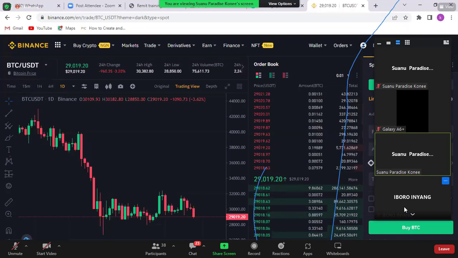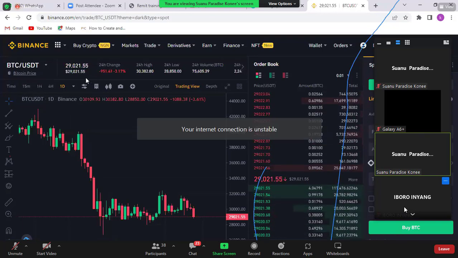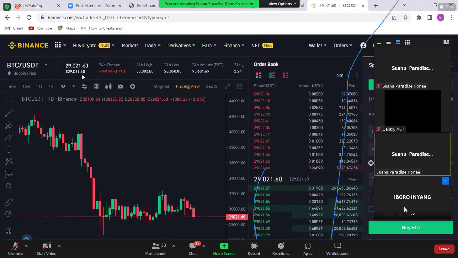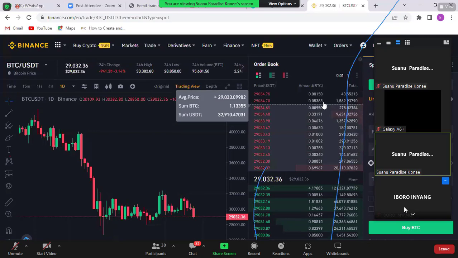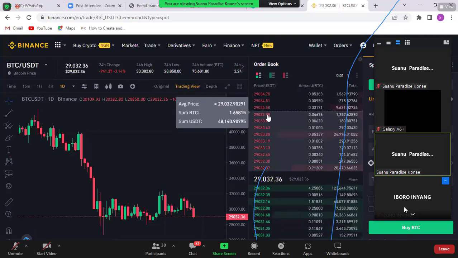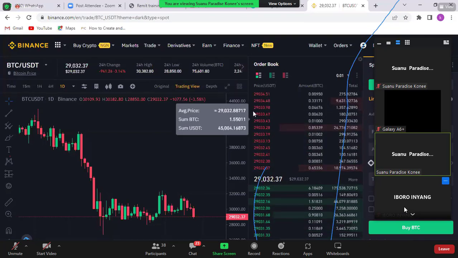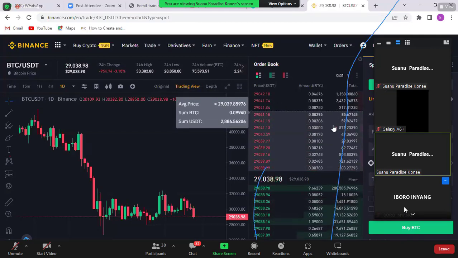If I come to the market and Bitcoin is $29,000, I will dip my hand in my pocket and remove the money. I don't negotiate. In a market order, you are buying or selling at the best available market price.